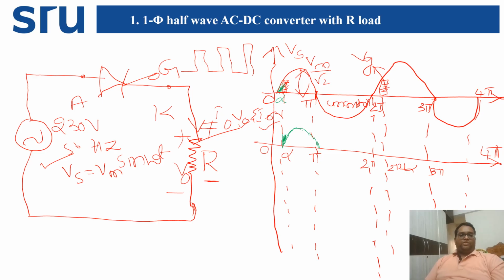So in the first positive half cycle, whatever the triggering is, this is forward, anode is plus and cathode is minus. Then the thyristor will get short circuited and whatever the source voltage is there will flow towards this and come to the load. When it is coming to the load, we have to clearly observe that the waveform will be here. We are going to clip this part and we are going to get this waveform. So this is the positive half cycle, which means plus minus.